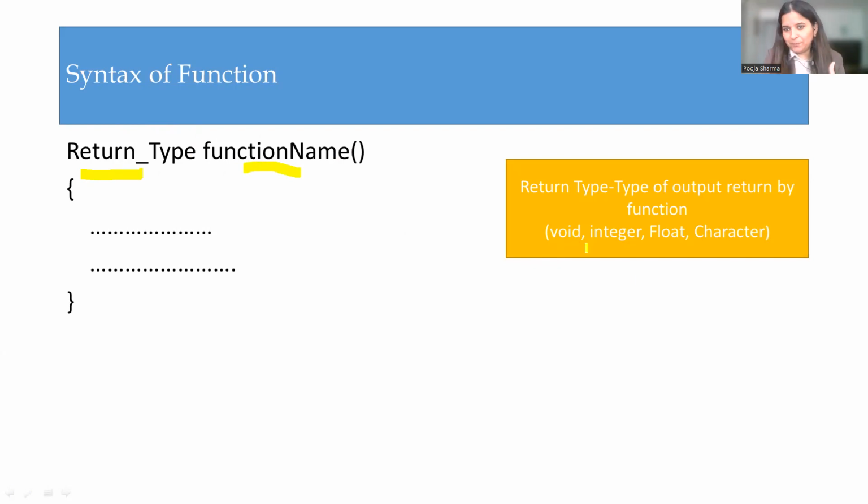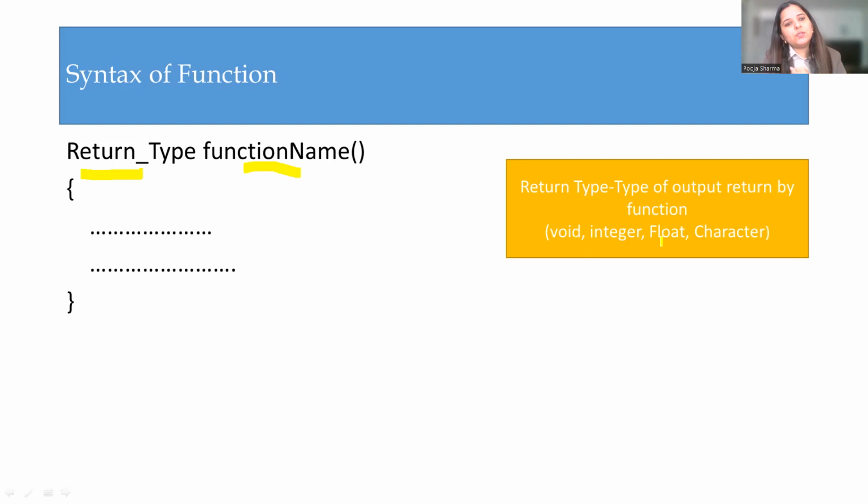If you want to return an integer, a number, you write int. If you want to return a float, a decimal number like 42.5, your function is returning something like 42.5.